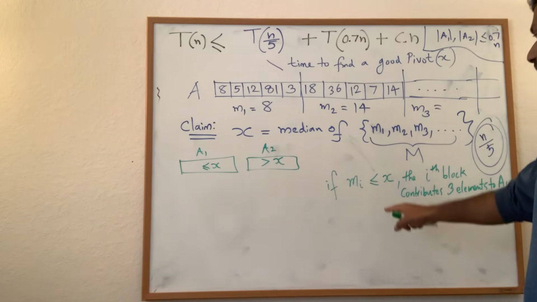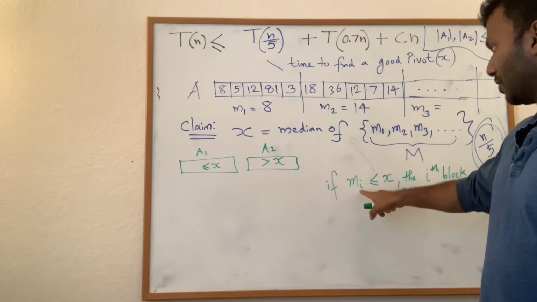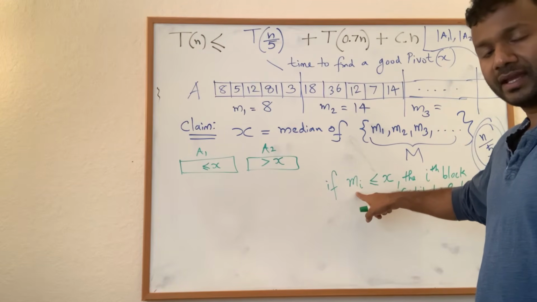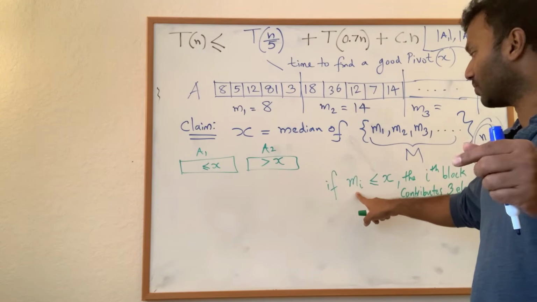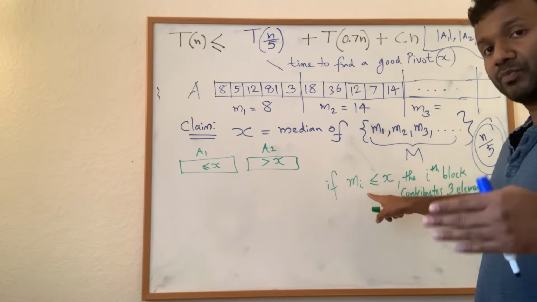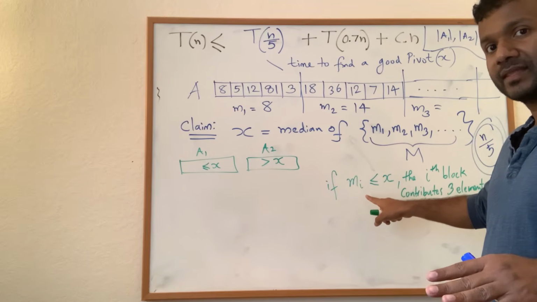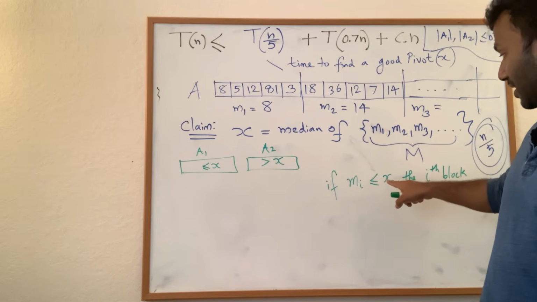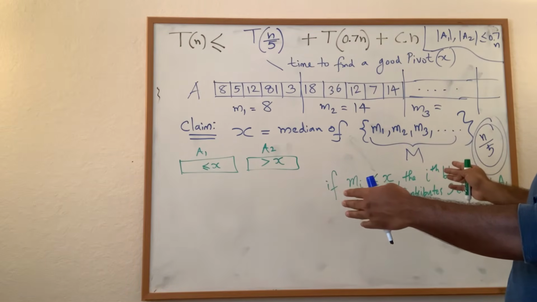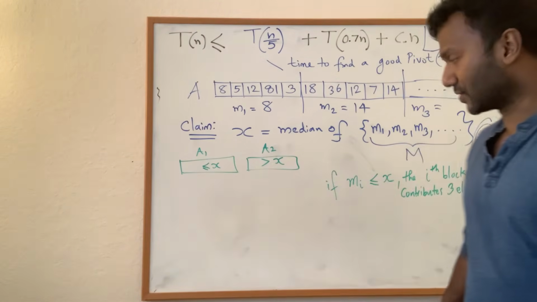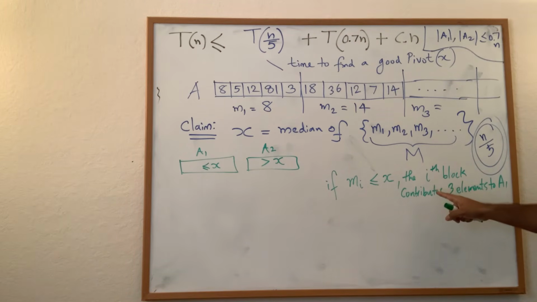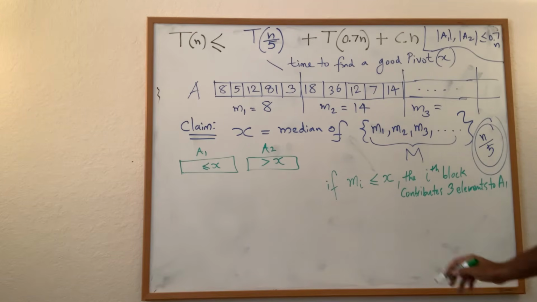Why is it true? It is true because the ith block will have mi, and there are going to be 2 more elements which are smaller than mi. So there are a total of 3 elements which are smaller than or equal to mi, which means 3 elements smaller than or equal to x. And when I do the partitioning, all the elements which are lesser than x will go to A1. So if this condition is satisfied, mi will contribute 3 elements to A1.